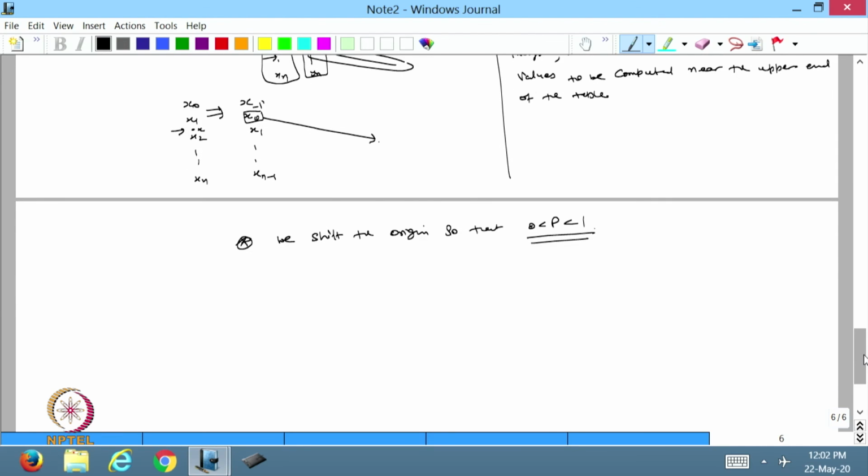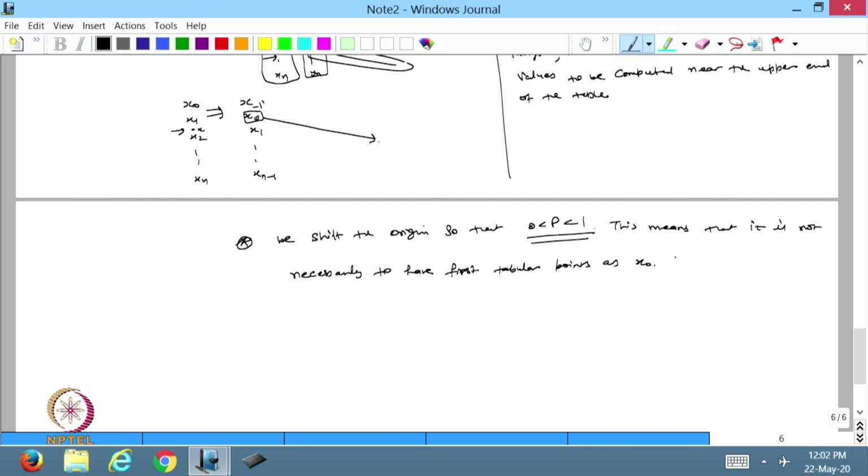So, we shift. This means that it is not necessary to have the first tabular point as x0.